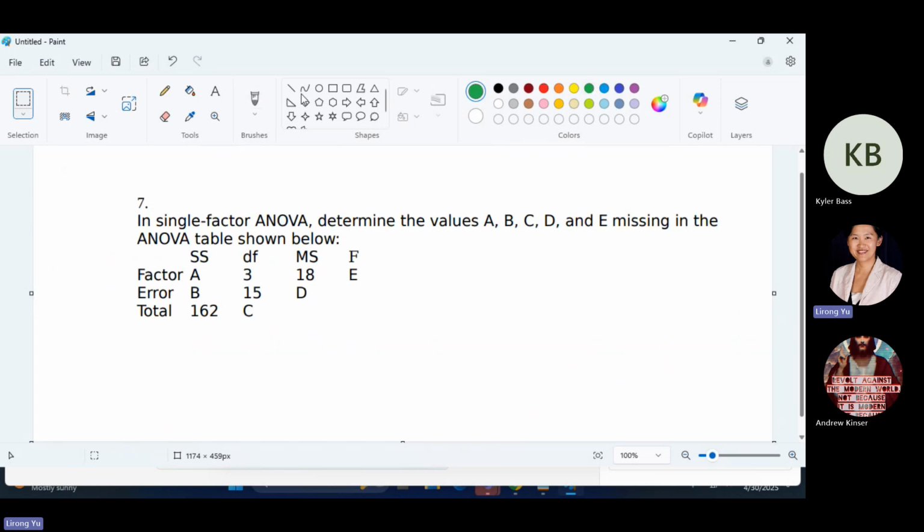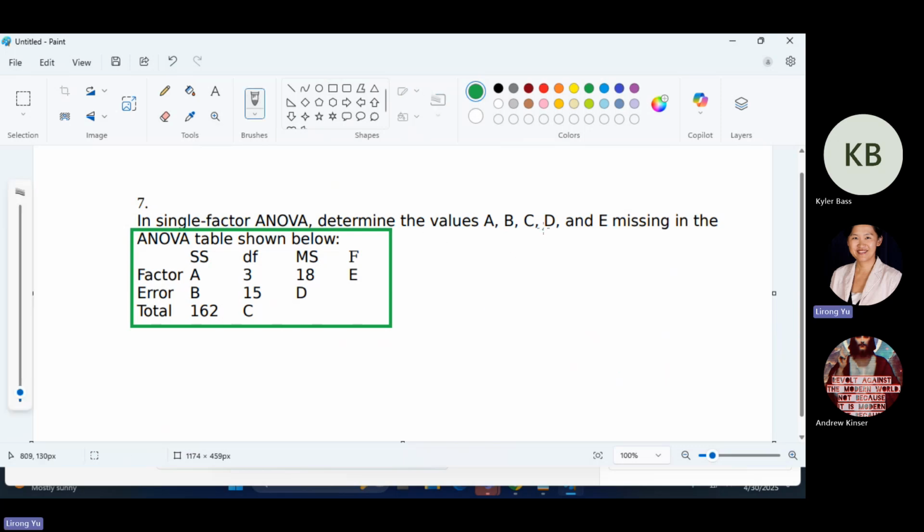So here we have an ANOVA table that has some missing data. The question says let's try to figure out the numbers A, B, C, D, E that were missing in the chart. Okay, start with A. You can see A is a sum of squares.